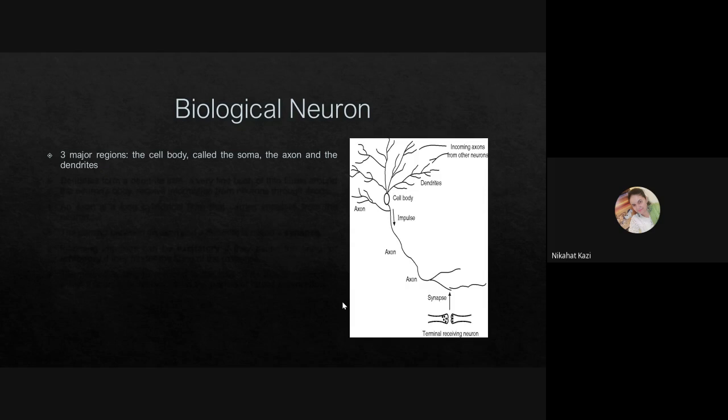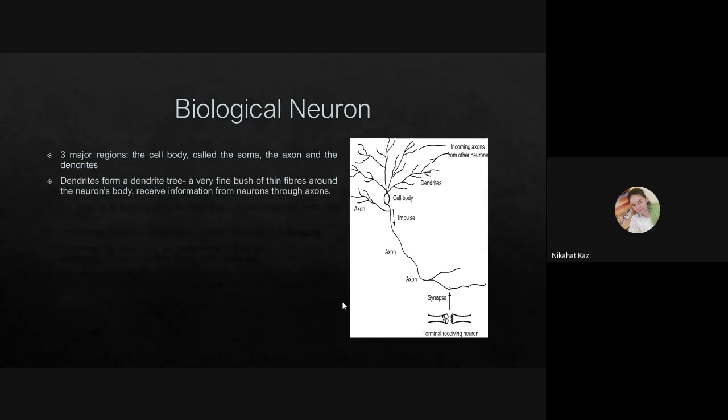We have already seen this diagram earlier. There are three major regions in the biological neuron: the cell body, the axon, and the dendrites. Dendrites are the receptors. They receive the information into the neuron.